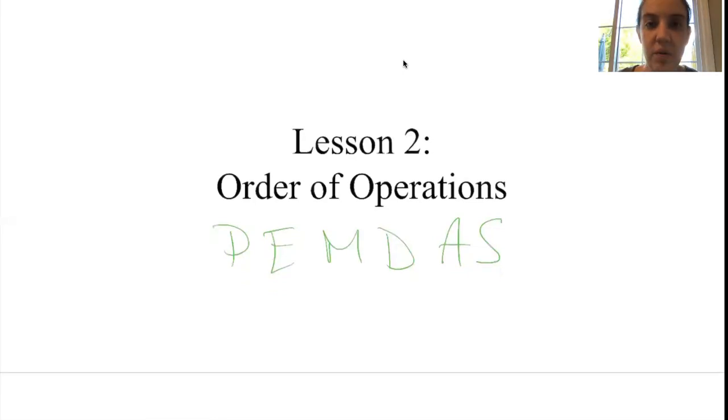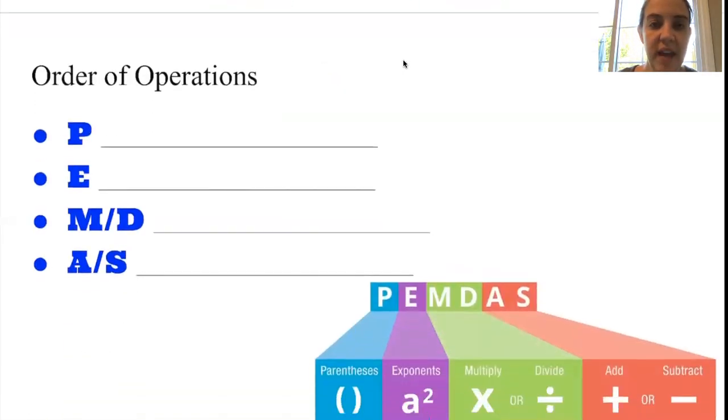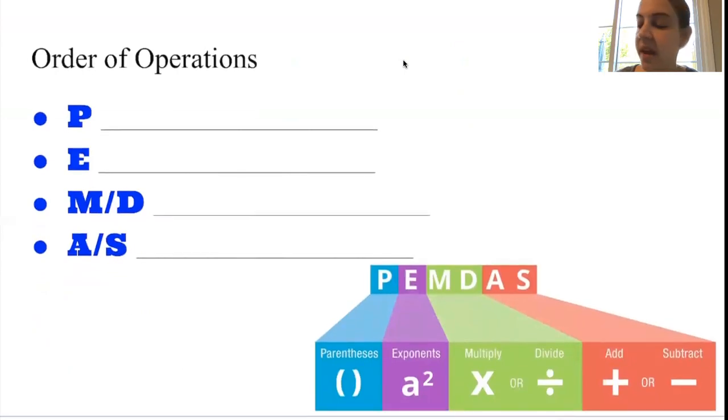So we need to know the correct order in which to calculate problems. What each of these letters stands for is written in this set of boxes down below. P is for parentheses. E is for exponents.